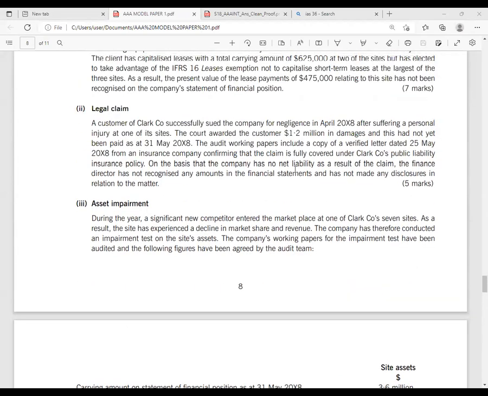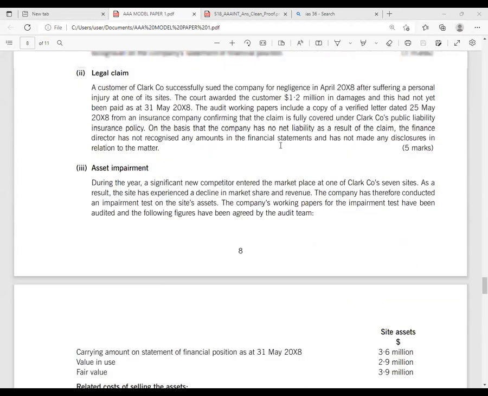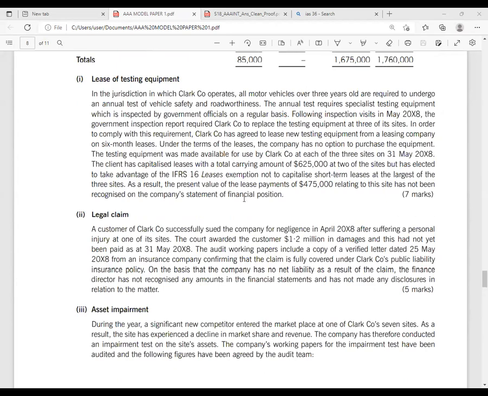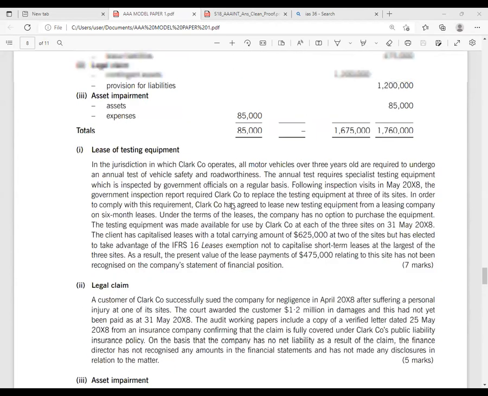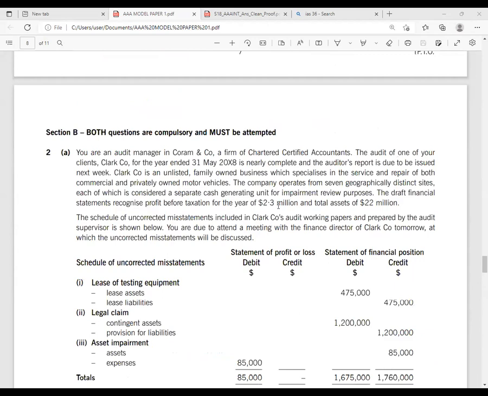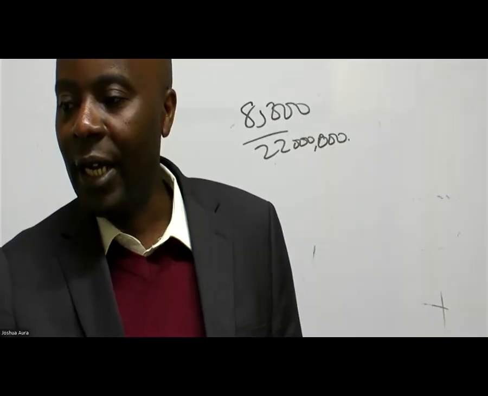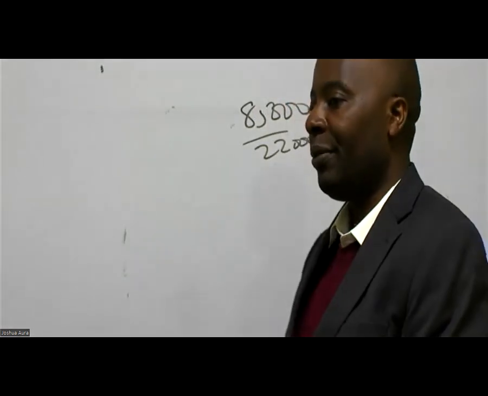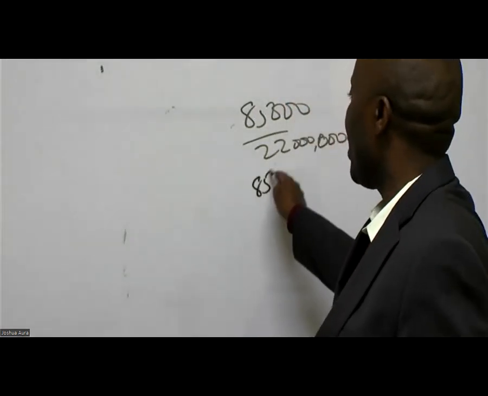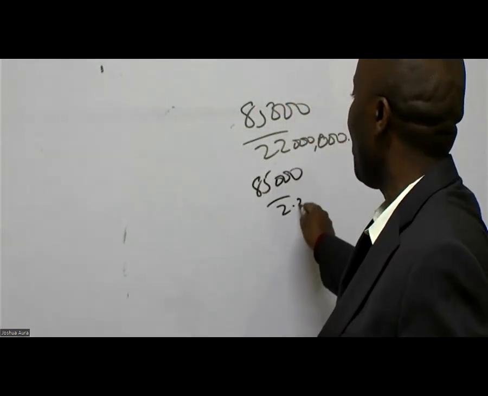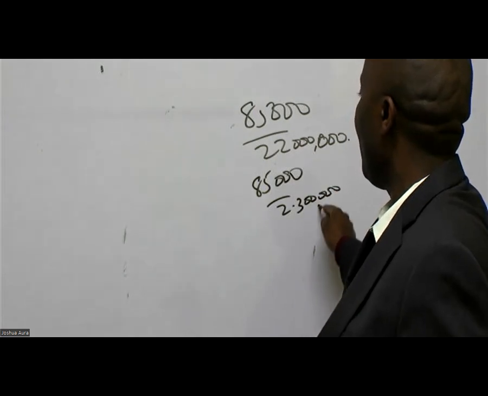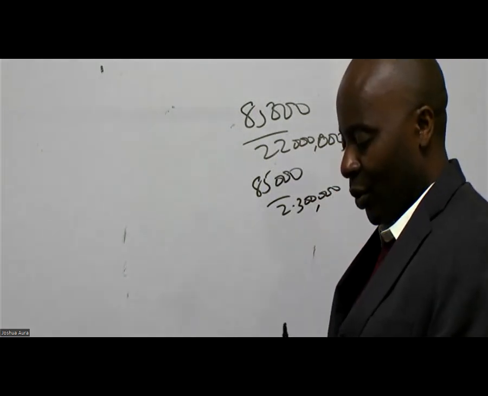So the 85,000 in the context of the profit before tax, we're given profit before tax, it was given somewhere, profit before tax was 2.3. So if you take that 85 divided by 2.3 million, what do we have there?